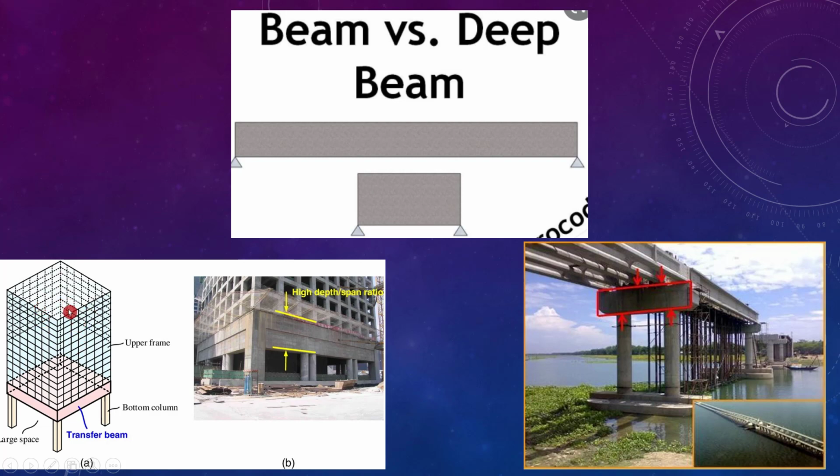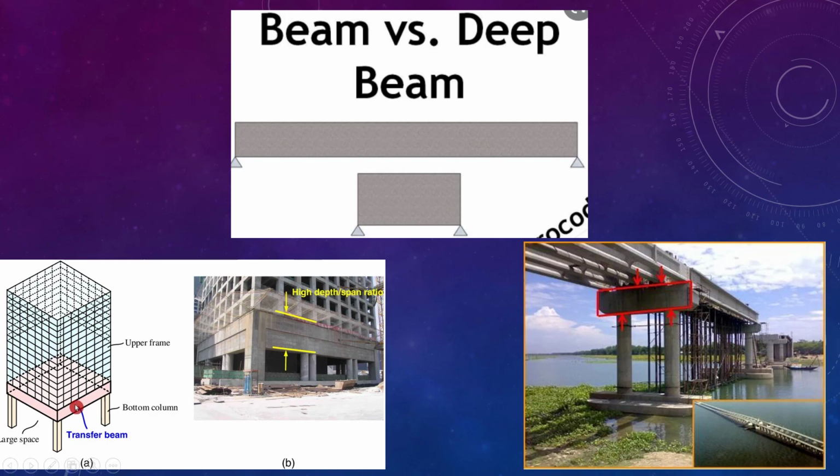Here on the left hand side, I have an arrangement of beams and columns. You can see the deep beam is used as a transfer beam for transferring the heavier load from the top portion to the columns. So this beam is a deep beam.